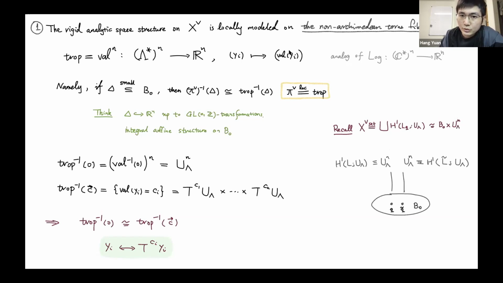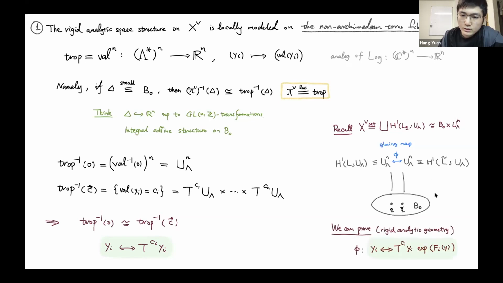And you can think of the first as the first cohomology group of L with coefficient U lambda, and similarly for the other fiber. And then there will be some gluing map connecting the two fibers, the two dual fibers.